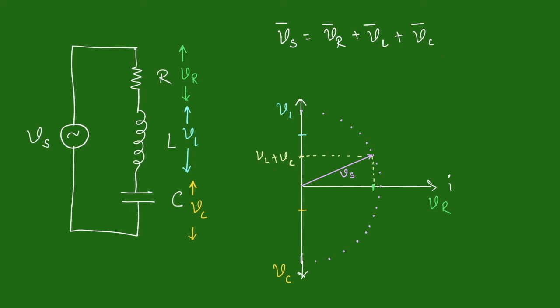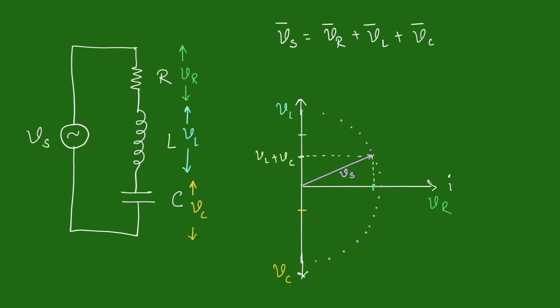As we have seen the change in VL and VC with respect to frequency, let us now look at this particular diagram. If we have a frequency of the AC source which is beyond frequency FR, at which XL is greater than XC, VL will have a higher value compared to VC, which will give us VL plus VC along the positive y-axis.